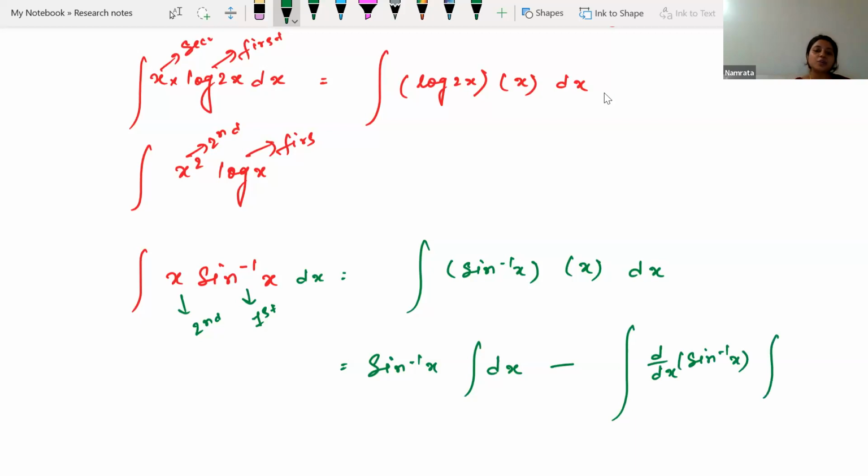If you are having the formula written anywhere, please do check and tell me what it is. It is 1 upon under root 1 minus x square. Just a moment. Let me share it again.